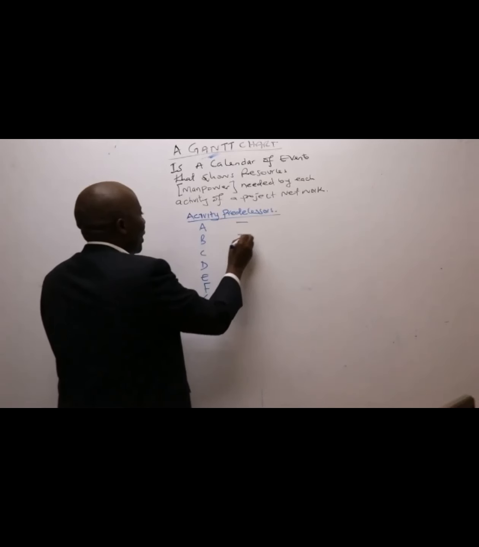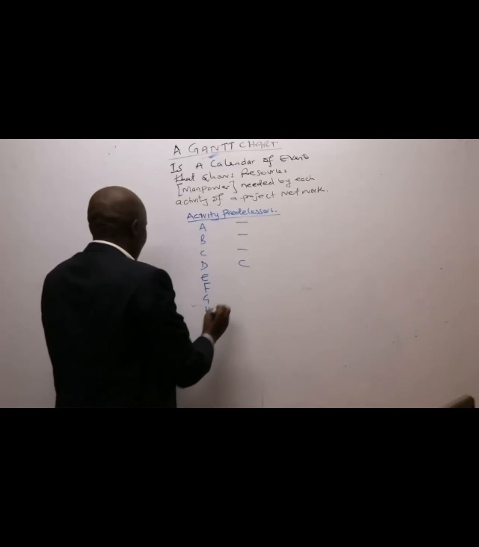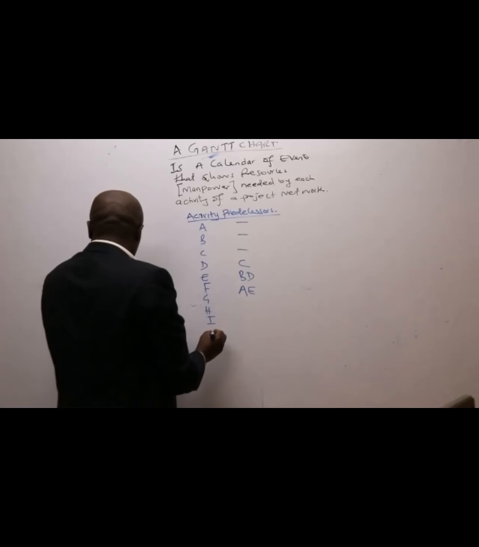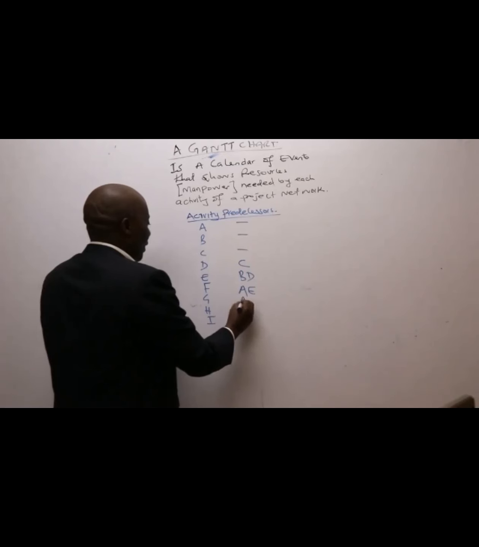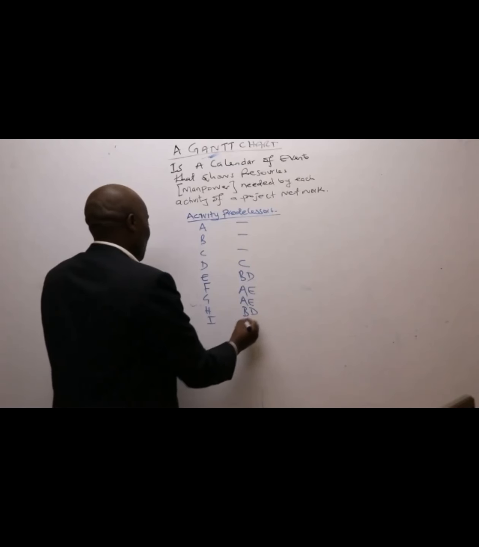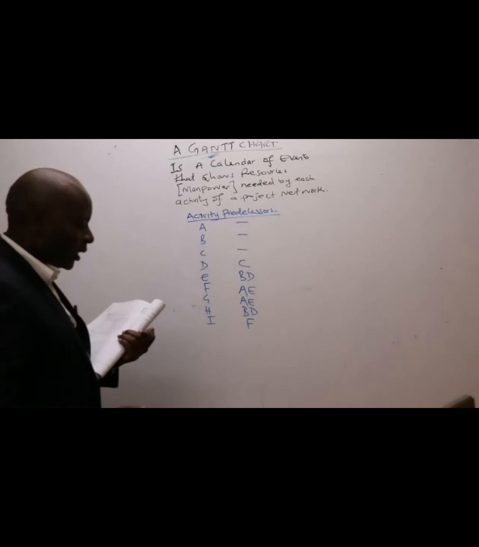We have dash, dash, dash. D is C. E is BD. F is AE. G is AE again. H is BD. And then I is F. So we have the predecessors like that.